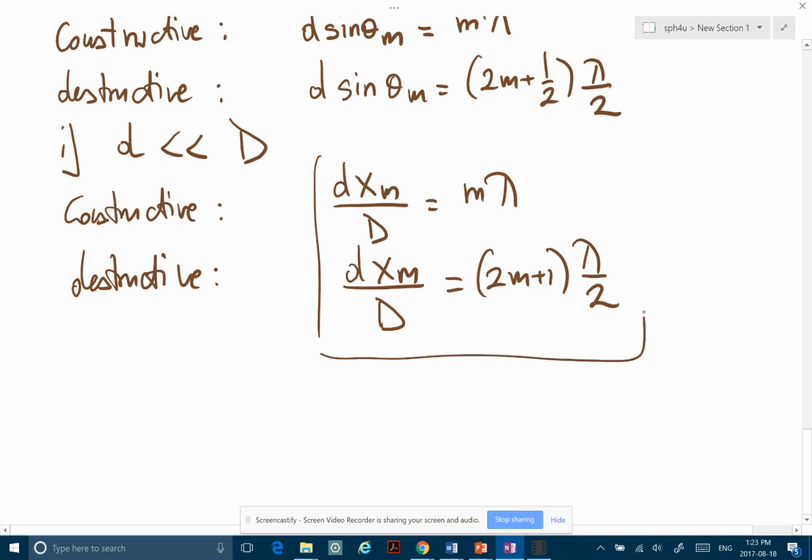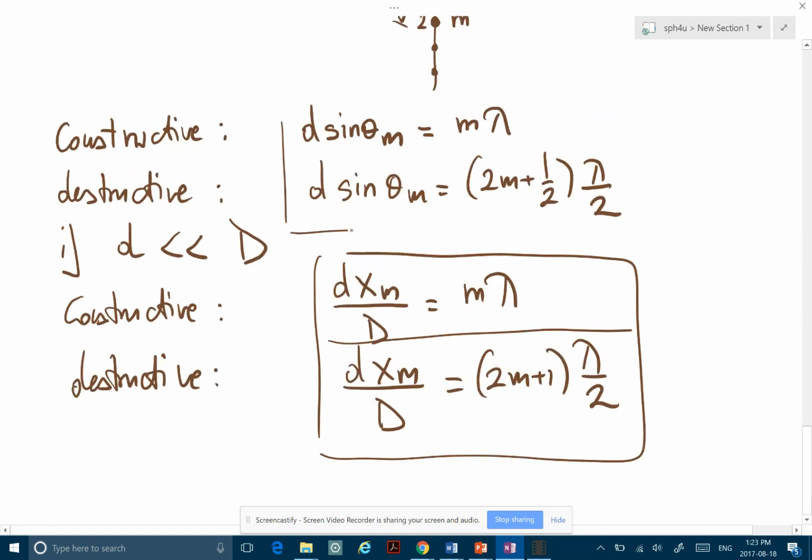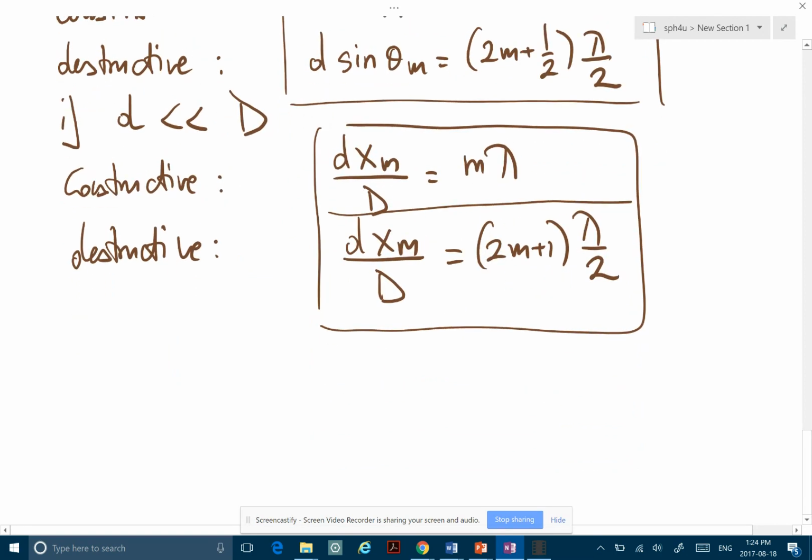These are the equations for the conditions to find the exact location, and the directions, for constructive and destructive interference, for minima and maxima. Again, m is the order, first, second, third, starting from the center. So m is 0 for the center, then 1, 2, 3. The greater the m is, the further to the right or to the left you're going from the center.